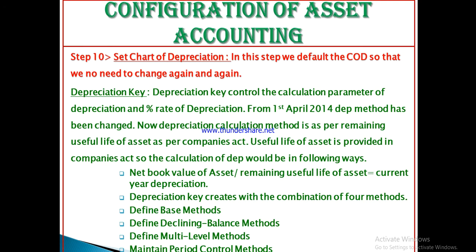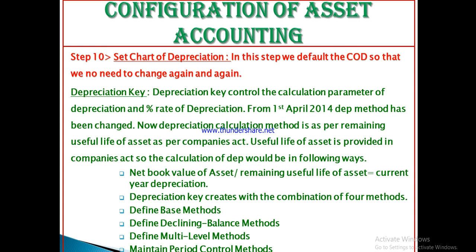Now we will discuss the depreciation key. Earlier also we have discussed the depreciation key. Now I will describe in short what the depreciation key is and its control parameters. The depreciation key controls the calculation parameters of depreciation and the percentage rate of depreciation.